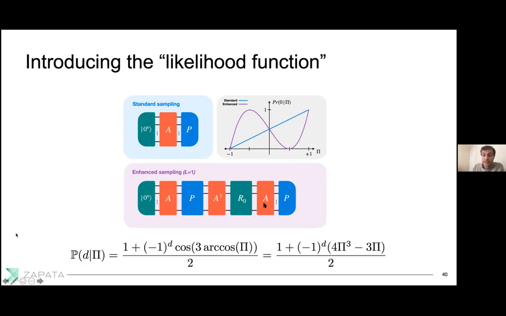And it takes the form of this cubic polynomial. And the reason why this enhanced sampling likelihood function is more informative is because for small changes in the parameter of interest, there is a larger change in the observed rates of the binary outcomes. So in this sense, the likelihood function is more sensitive to the parameter of interest.